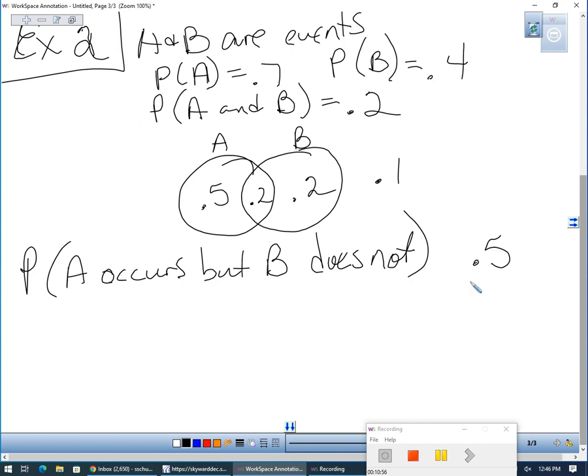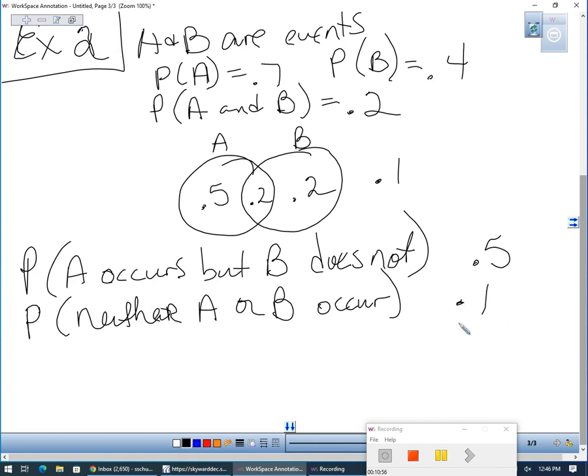Take it right out of that Venn diagram. A occurs, but B does not. So we don't want the overlapping part where both of them happen. We just want A. All right, how about the probability that neither A or B occur? 0.1, good.